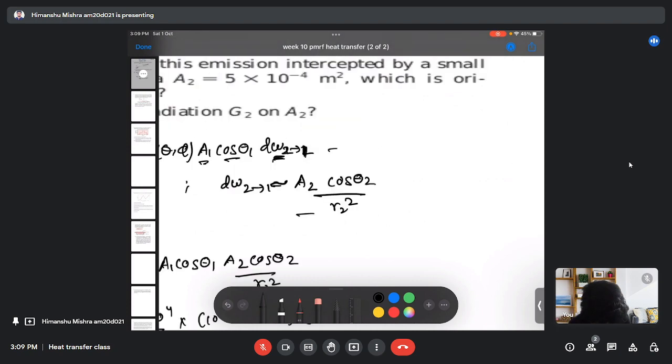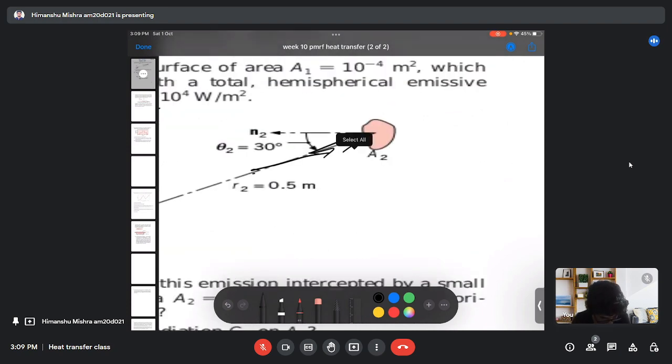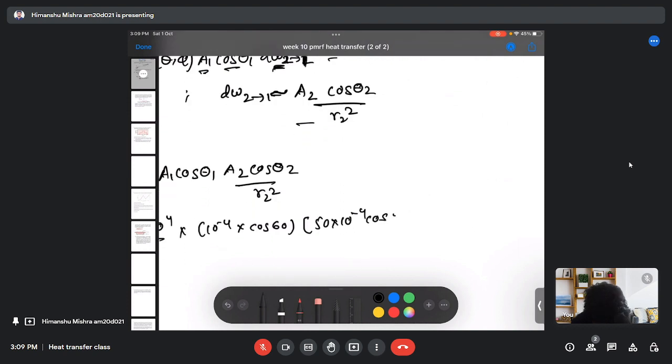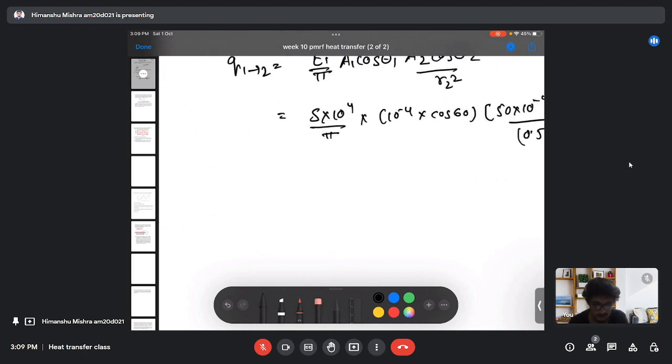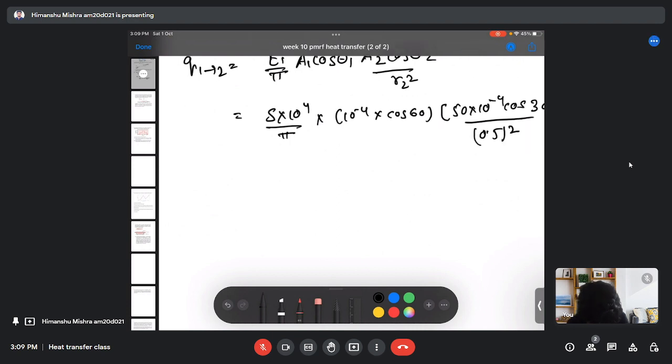My theta 2 is given as 30 degrees. So I just need to calculate the values here. This is my rate of heat transfer.